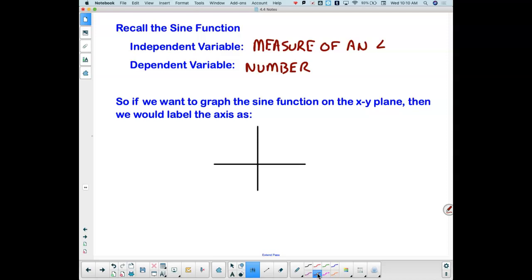So if we wanted to graph the sine function on the xy plane, what would be our x's and what would be our y's? Based off of that, what would our x values be? What would our y values be?